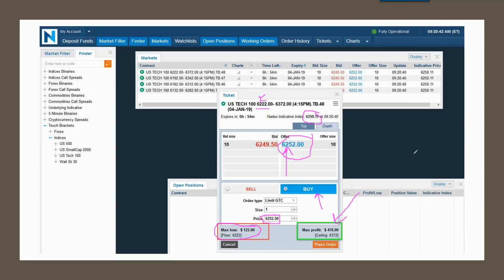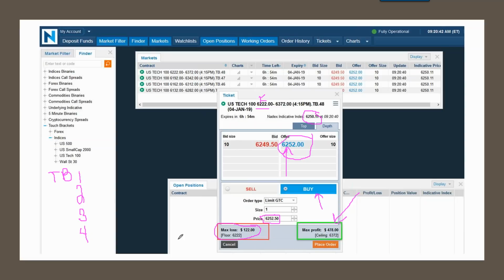Now, the really cool thing about these is that they expire on Fridays, so you have the whole week to trade these. What happens when price moves above a ceiling or below a floor? A new touch bracket opens. And I think this is really cool because when you start looking at them, normally on Sunday, you'll see touch bracket 1, 2, 3, 4.